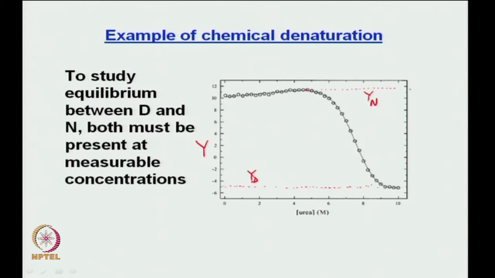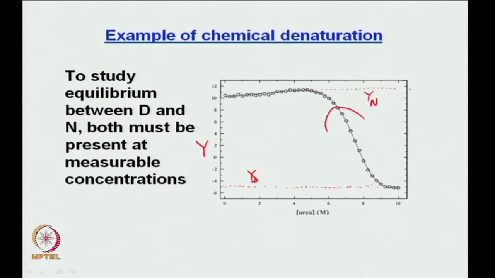Now, as the statement adjacent to the figure says, to study equilibrium between d and n, both must be present at measurable concentrations. If both must be present at measurable concentrations, what region of this transition curve am I looking at?